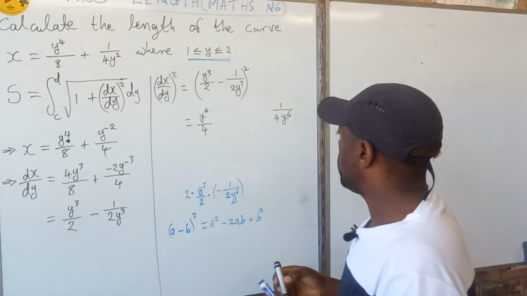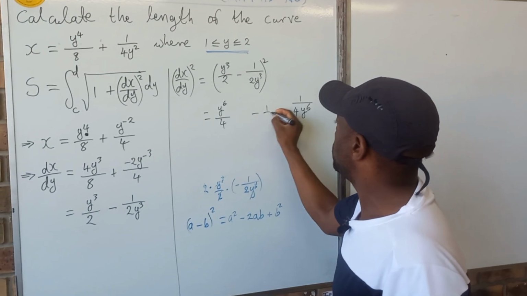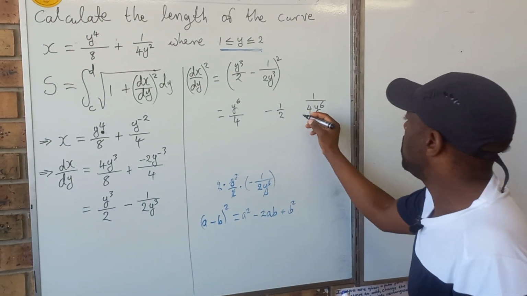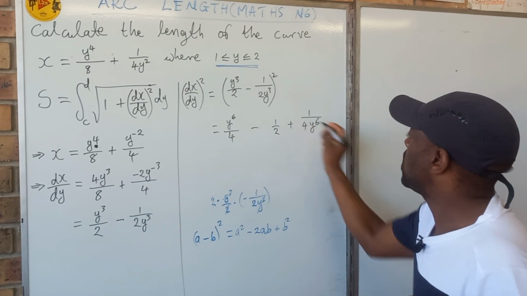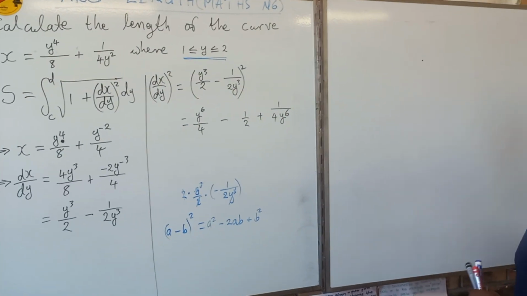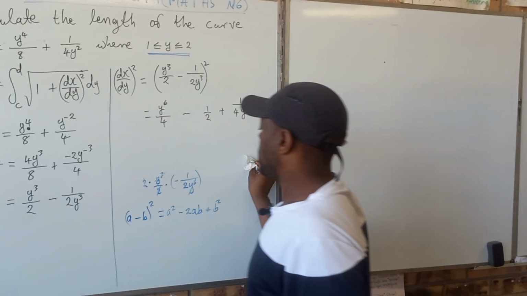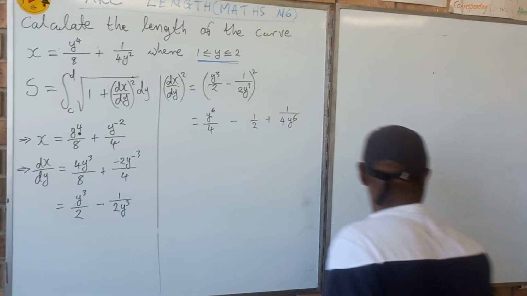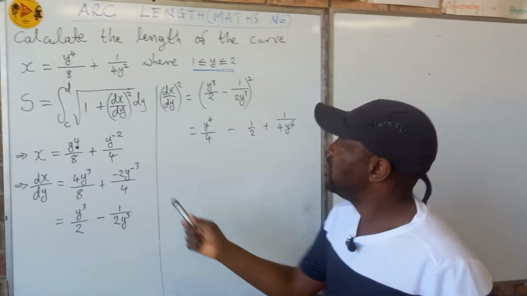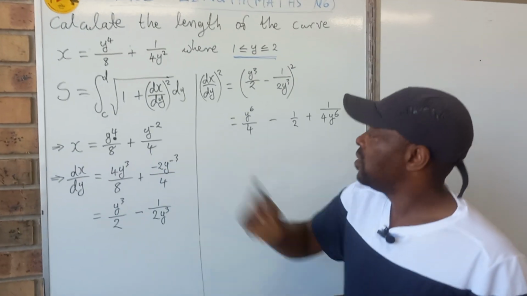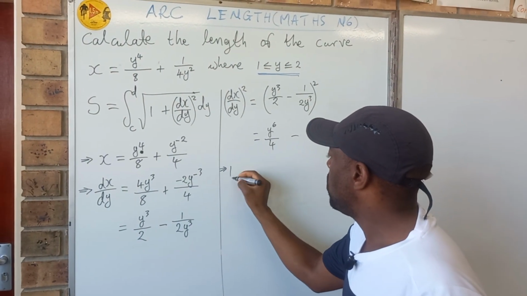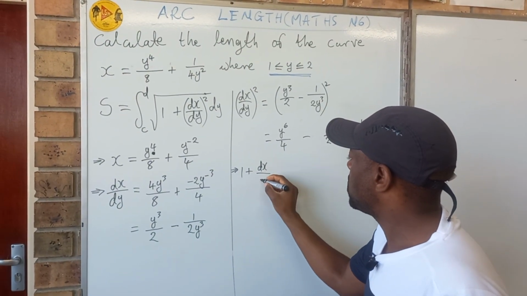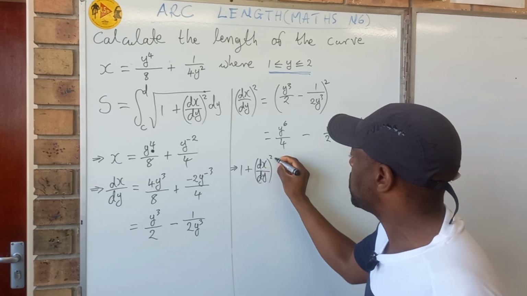So with that, your expansion gives you negative 1 over 2, and then you put your positive sign. That is what you see from that expansion. Once I'm done with that expansion, the next thing is I will take 1 plus that square. So I'll get 1 plus dx over dy, all squared.